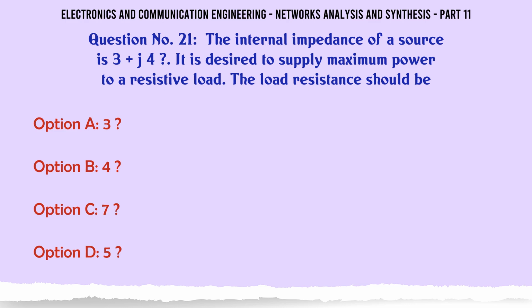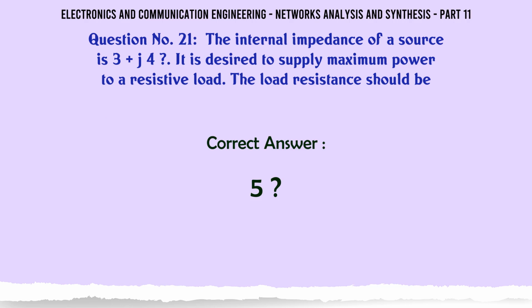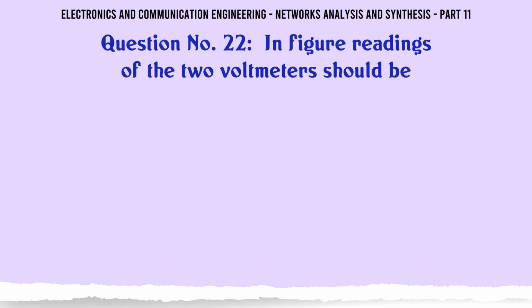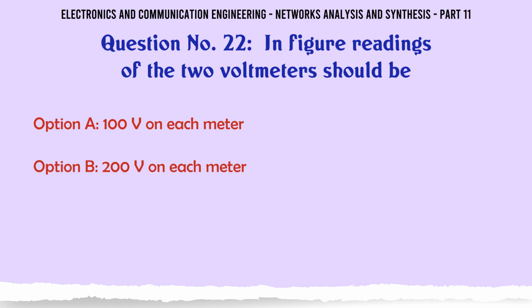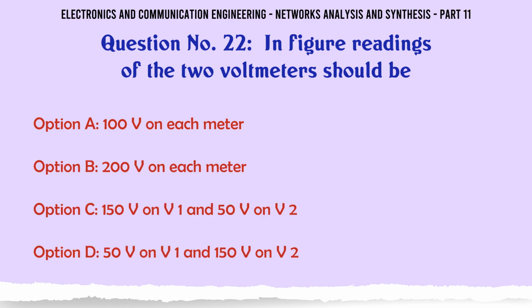The load resistance should be A 3, B 4, C 7, D 5. The correct answer is 5. In the figure, the readings of the two voltmeters should be A 100 V on each meter, B 200 V on each meter, C 150 V on V1 and 50 V on V2, D 50 V on V1 and 150 V on V2.